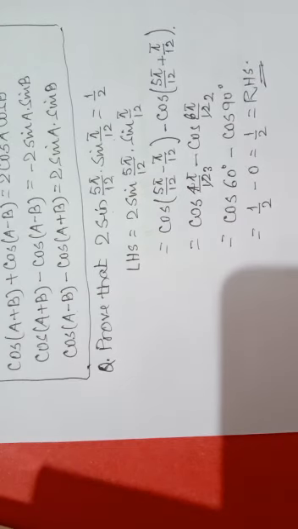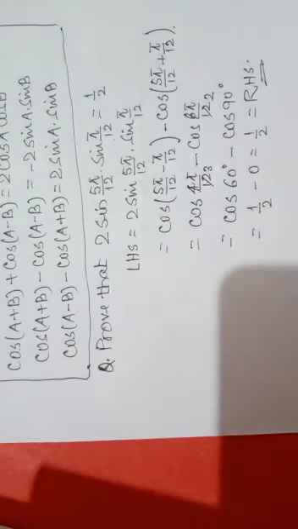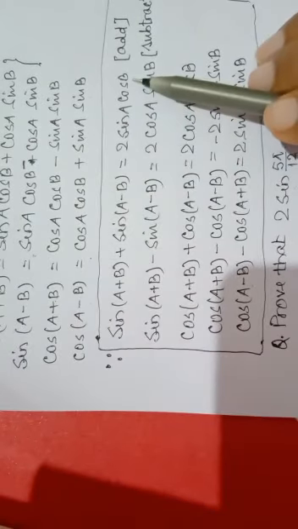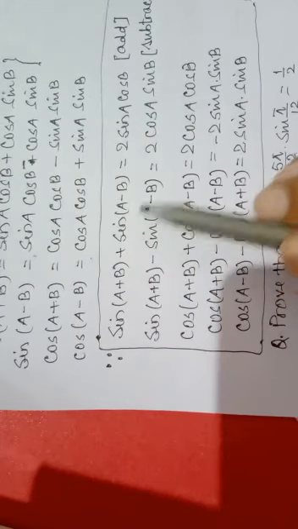So now see the next question. Your next question is 2 sin 5π/12 cos π/12 is equal to (2+√3)/2. Prove this one. You have just seen 2 sin A cos B. See the first formula, 2 sin A cos B, which is equal to sin(A+B) plus sin(A−B).